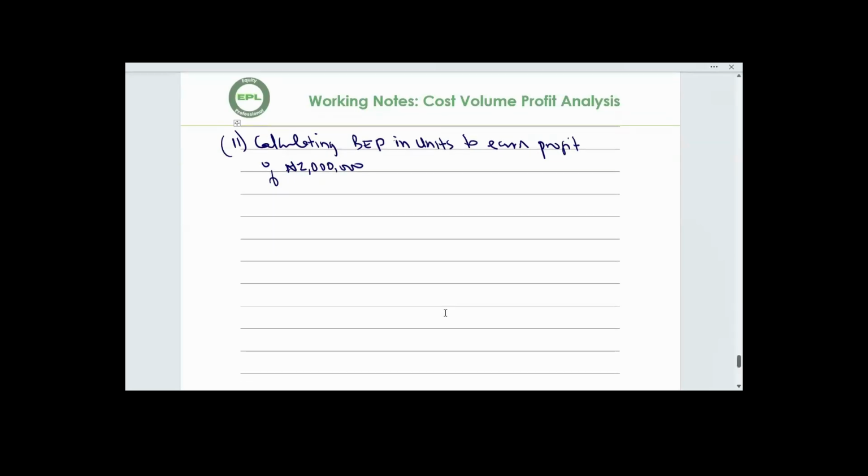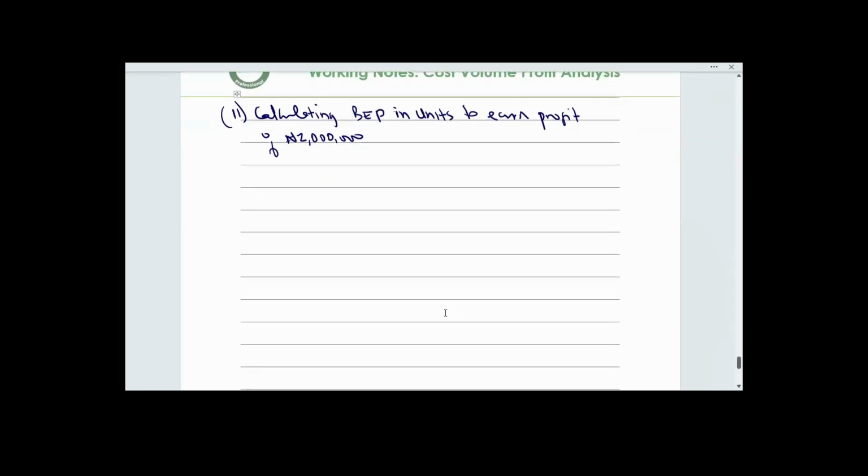You need to first of all calculate the contribution margin ratio, which will still remain the same. So just repeat the step. Contribution margin ratio still remains the same at 50%. Right? Step 2 is to calculate break-even point in Naira to earn a targeted profit of 2 million.